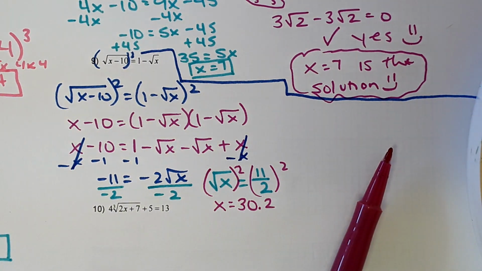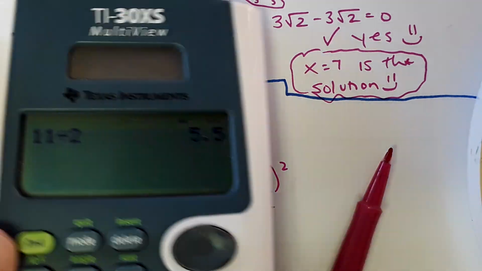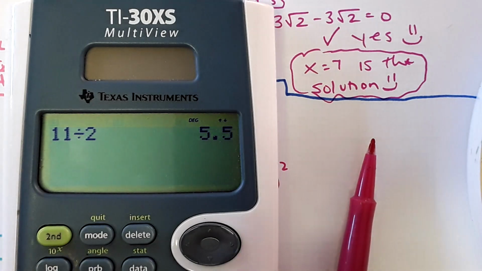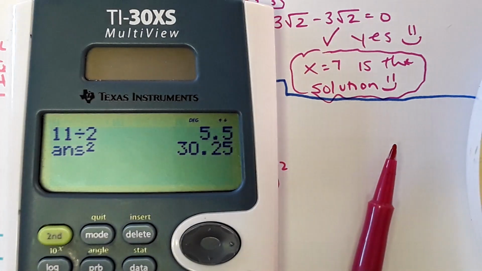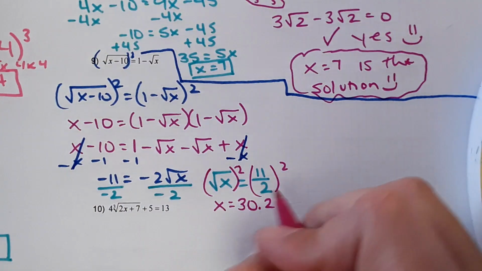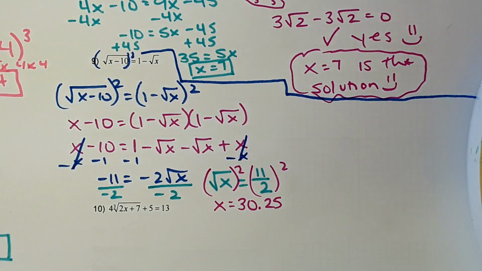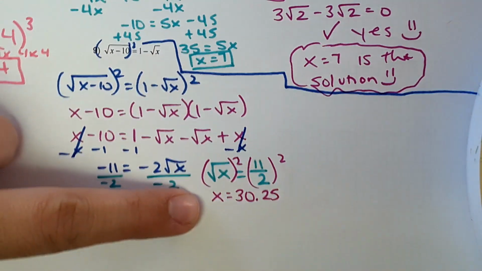Let's see. Isn't it just 5 squared? 11 divided by 2. Yep. 5.5 squared, 30.25. Just do that. You could leave it as a fraction if you wanted, and you could have 121 over 4. That's another option, but I like working with decimals better.